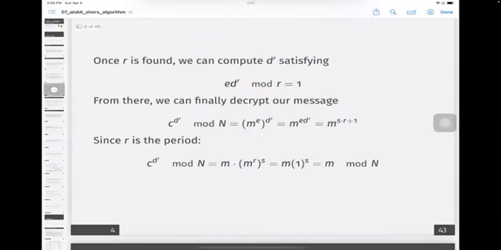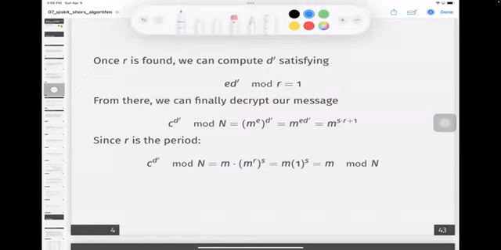Okay. So now what can we do once we have found the period? Once we have found the period, what we can do is compute the modular inverse of E with respect to the modulus R. And that modular inverse, we call it D prime.